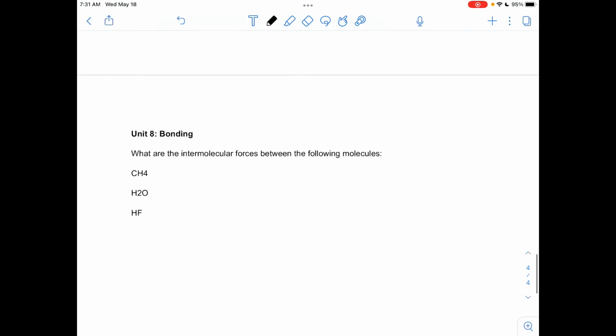Okay, and then the last question that didn't make it onto the final exam review: intermolecular forces. Remember, inter means between molecules, not in, as opposed to intra. Like intramurals would be inside the molecule, so intra would be covalent bonds. We have ionic bonds, metallic bonds, but we're not talking about those, we're talking about intermolecular forces.